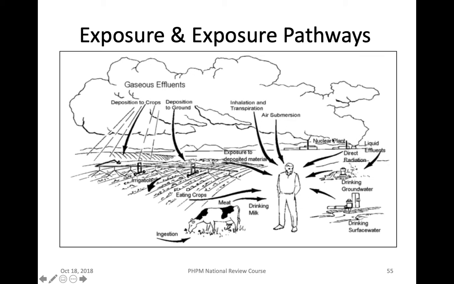And then in the background, you can see a nuclear plant, some direct radiation. There's liquid effluents that can get into the drinking groundwater and the drinking surface water that can affect humans. So all these pathways are converging on humans.